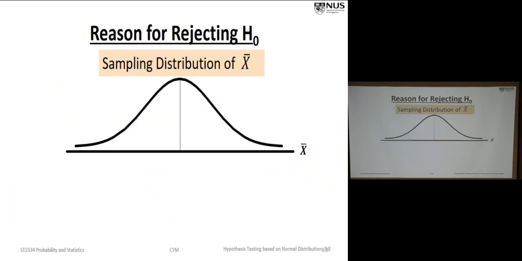This is a graph to show that. This is how X bar behaves. That means you take many, many samples, and then the sample mean will behave like this. What is this point?